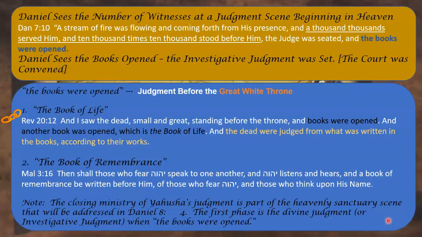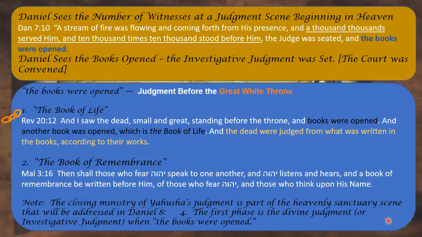Daniel sees the number of witnesses at a judgment scene beginning in heaven. Daniel 7:10. A stream of fire was flowing and coming forth from his presence, and 1,000 thousands served him, and 10,000 times 10,000 stood before him. The judge was seated, and the books were opened.